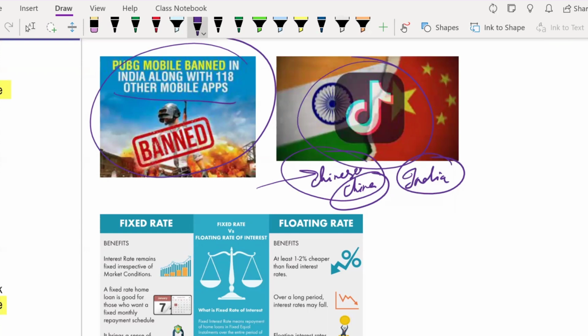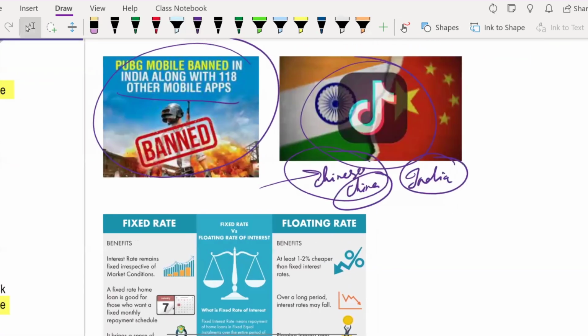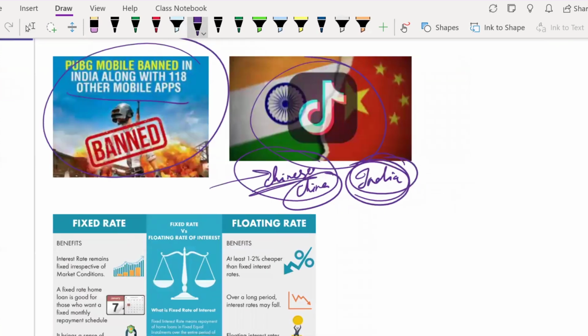They have invested in our country with their mobile apps and other things, but now they are facing an issue because of the Indian government. Okay, so here this Chinese company will be known as the overseas investor, and the Indian government will be known as your host country government. Okay, so India will be your host country.